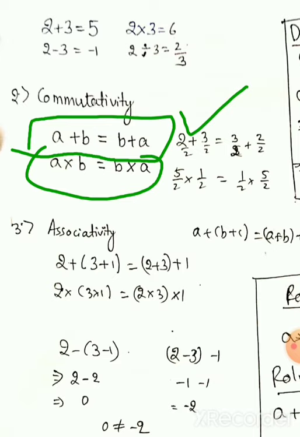Okay, you see the example. And obviously we know that for subtraction and division the answer changes, that is they are not equal, hence we will say that rational numbers are not commutative under subtraction and division, but they are commutative with addition and multiplication.